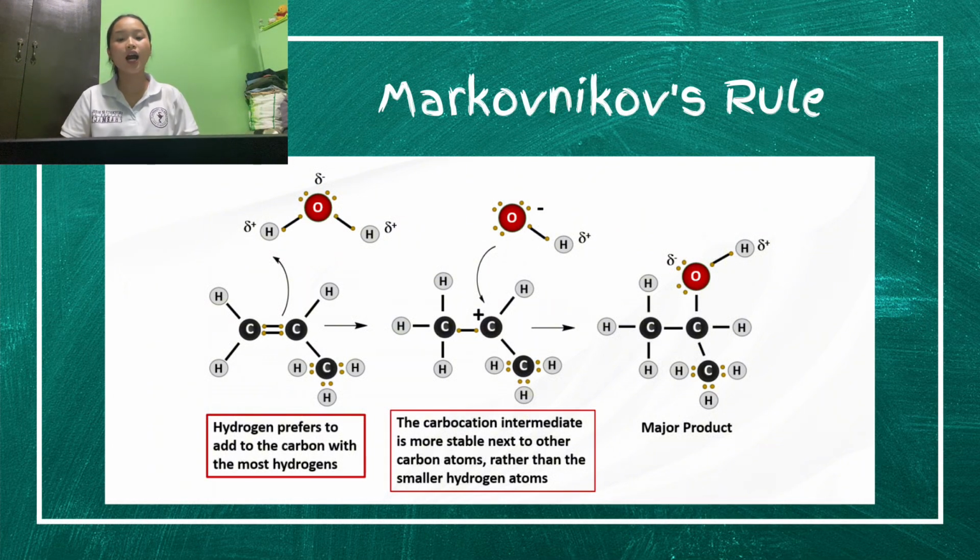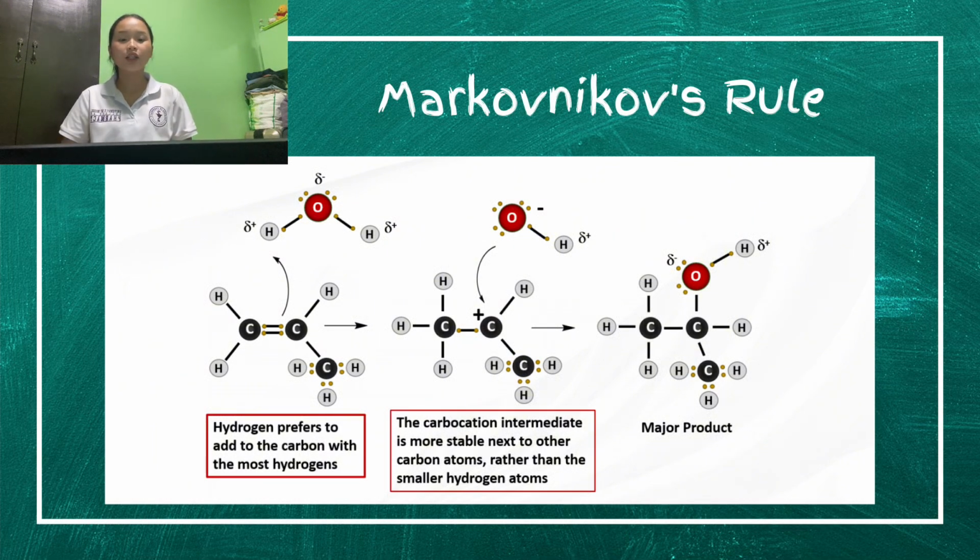For example, in the hydration of 2-methylpropene, water, H2O, is added to the double bond. According to Markovnikov's rule, the H+ from water attaches to the carbon that already has more hydrogen atoms, leading to the formation of a more stable carbocation intermediate. The OH- group from water then bonds to the carbocation, resulting in the major product, which is the more stable alcohol.